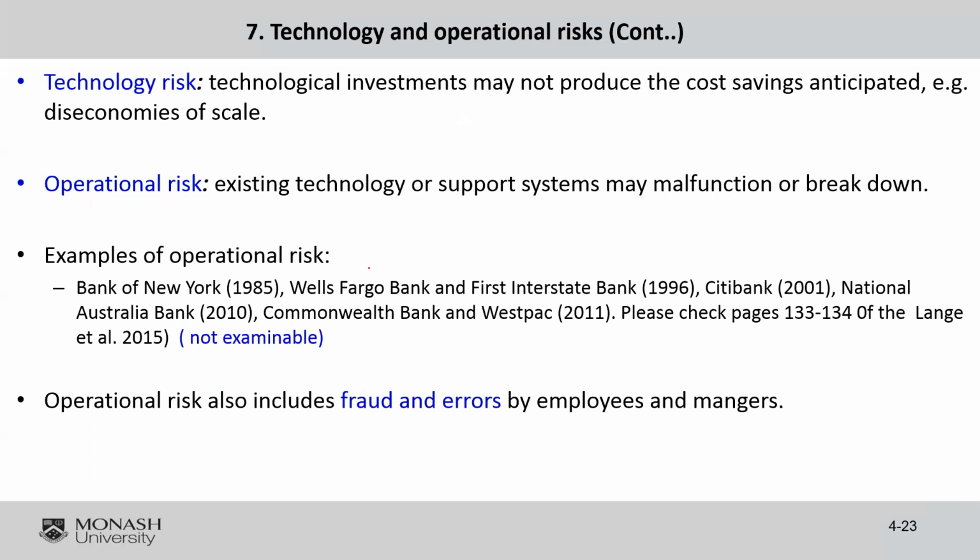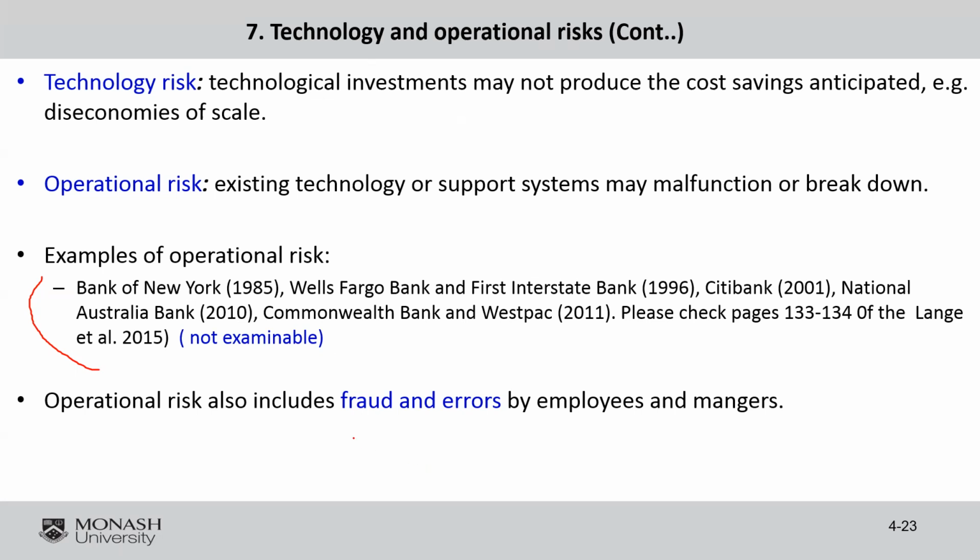Technology risk has been a big problem. There were so many cases, and I think it's in the book. If you don't have the book, it's okay. But actually, all of those banks have faced some type of technology risk during those times, and you can read about them even online if you like.